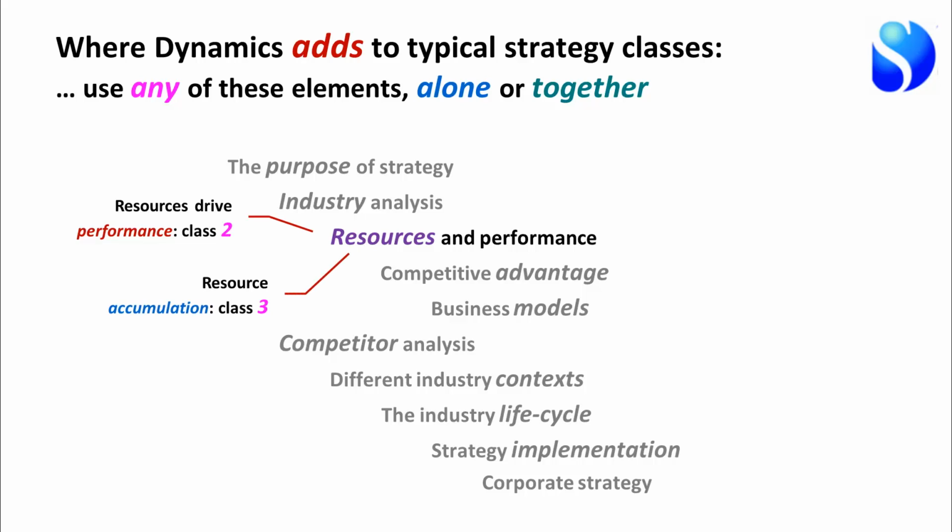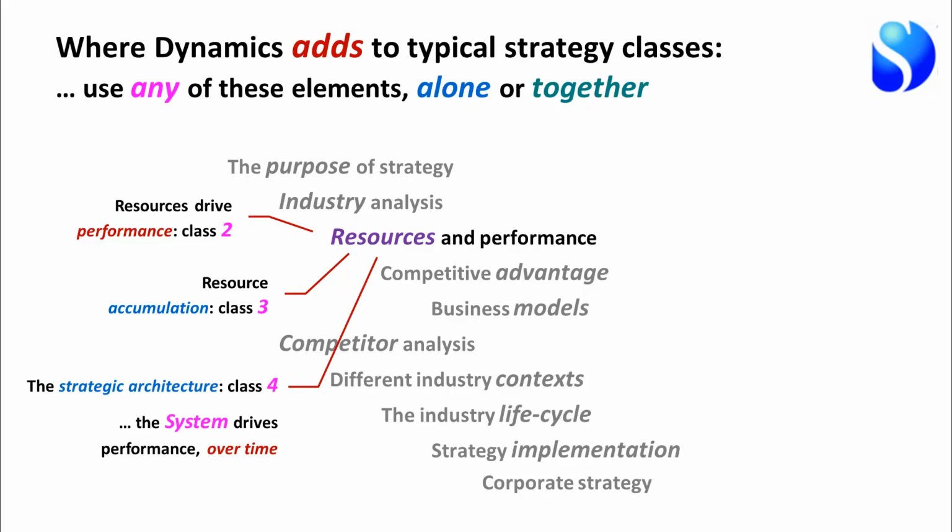We then go on to the very important concept of resource accumulation. It has been identified as being fundamentally important to strategy and performance for getting on for 20 years now, and class 3 really makes that extremely explicit and shows how to work with that principle of accumulation. Then in class 4, this is the real core of where we end up in the first part of the course.